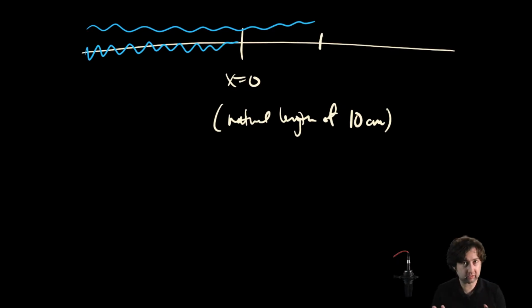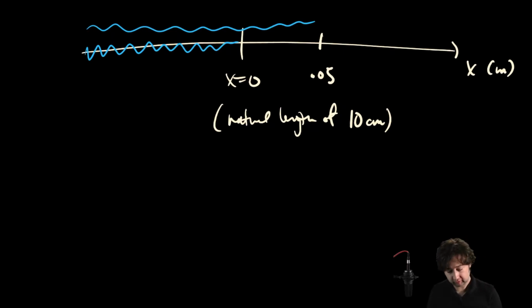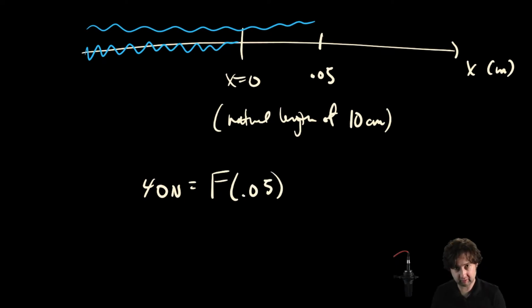But I don't want to work in centimeters, I want to work in meters, which means my displacement here was 0.05. Okay? It took 40 newtons to make that stretch. So the force required to hold the spring at the position 0.05, to hold it there, that force is equal to 40 newtons.